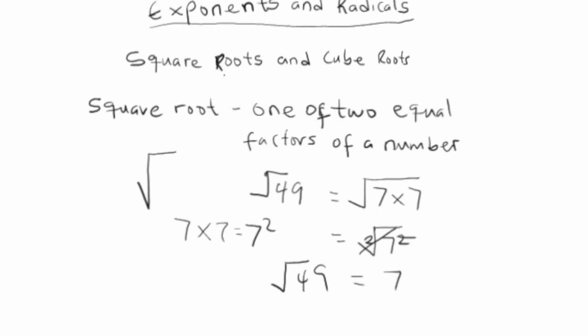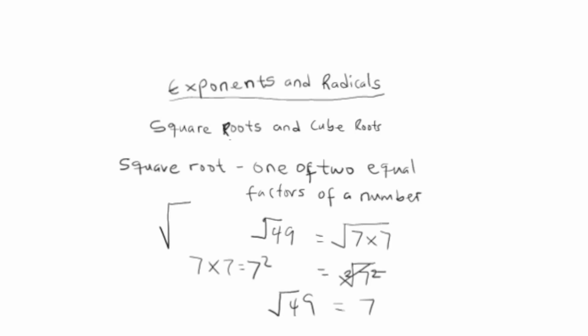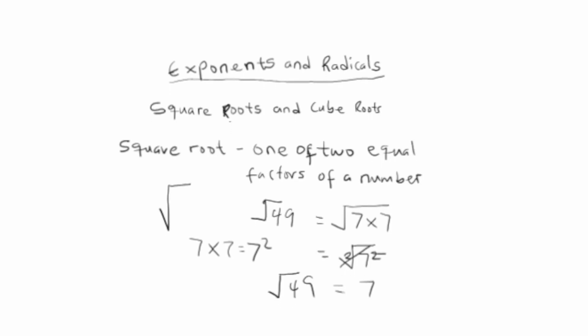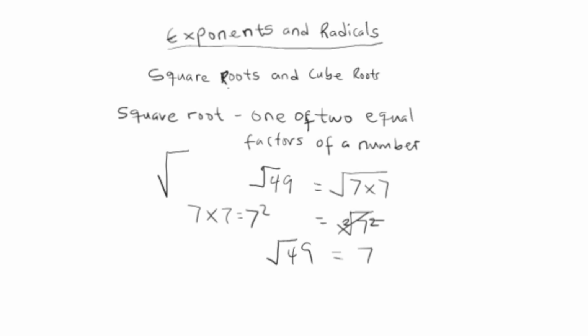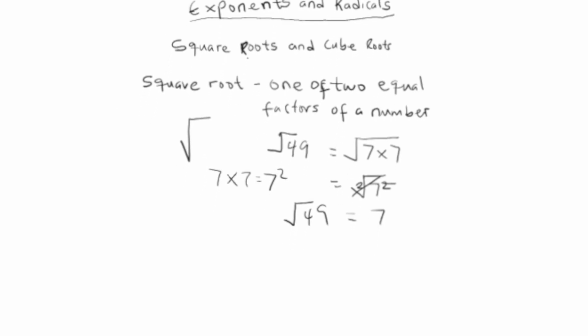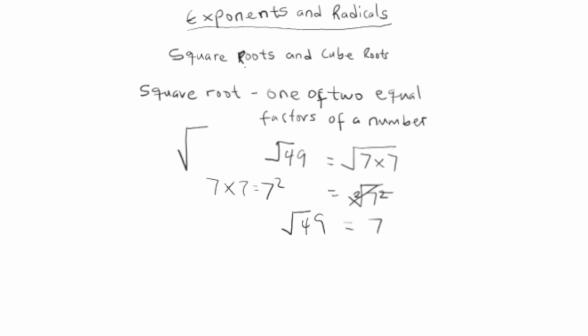Here we could say that 49 is a perfect square of 7, because 7 times 7 is equal to 49. Another example that we can give is 16.